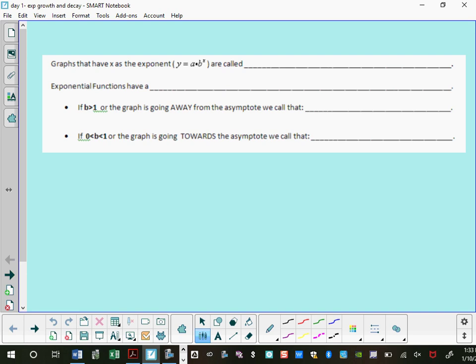All right, so graphs that have an x as the exponent are called exponential functions. Right, your hint to remember that is that it says x as the exponent.